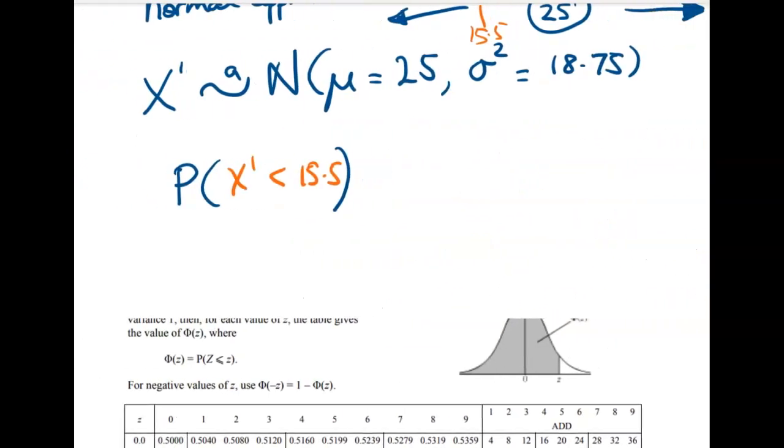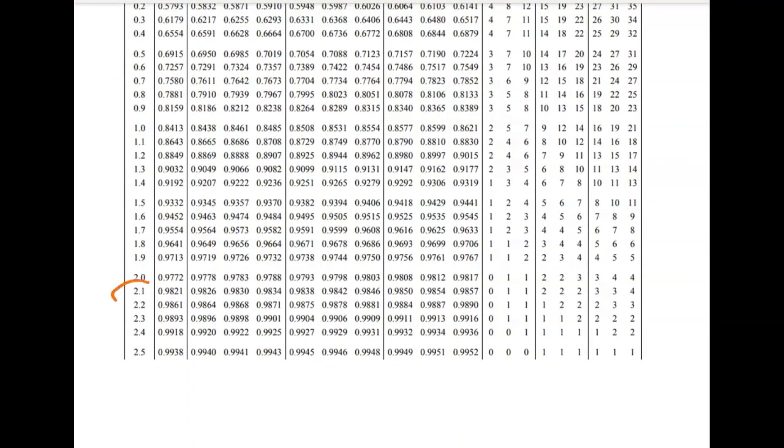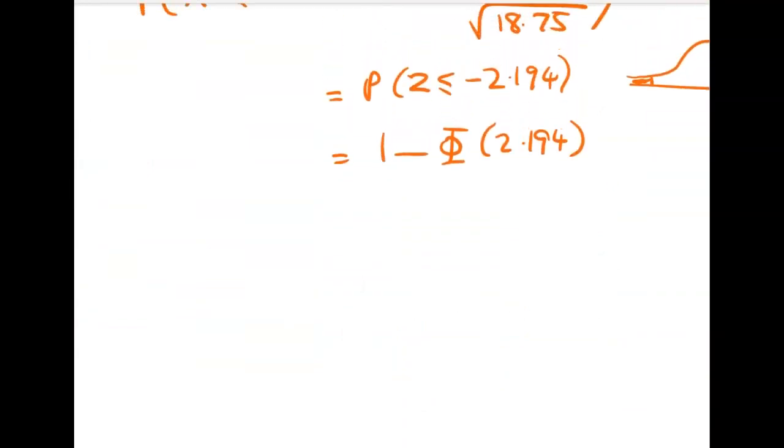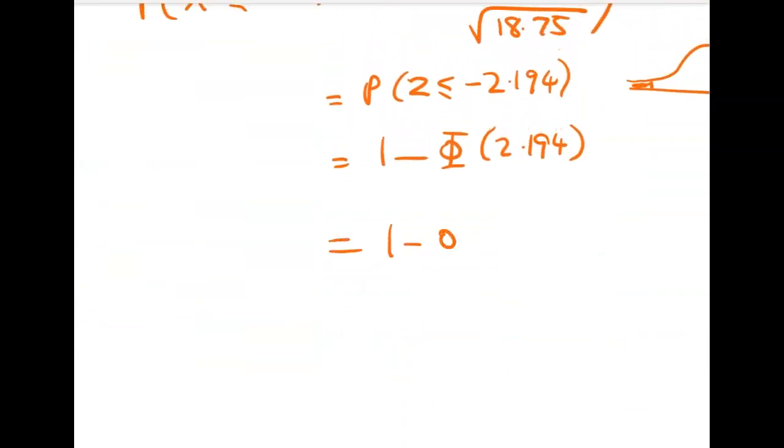Now if we wash over to the tables, we can see we've got 2.19 here, and 2.194 is the little add factor of 2. So that gives me 0.9859, which is 0.0141. So it's a two-tailed test.